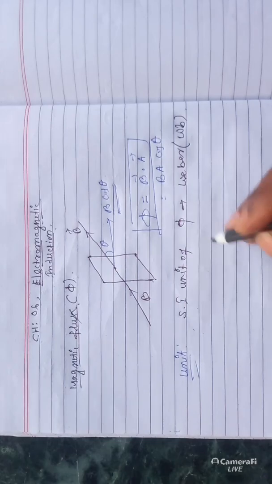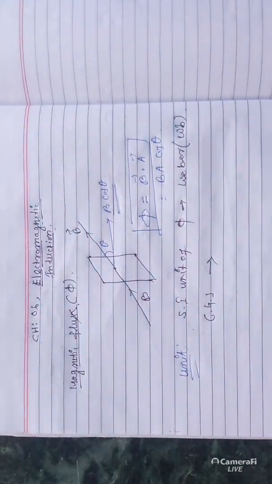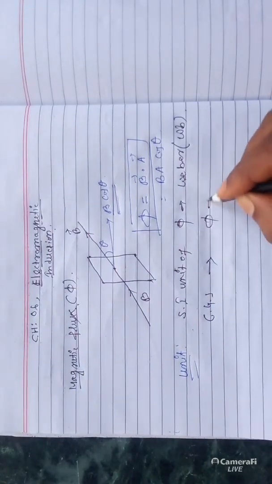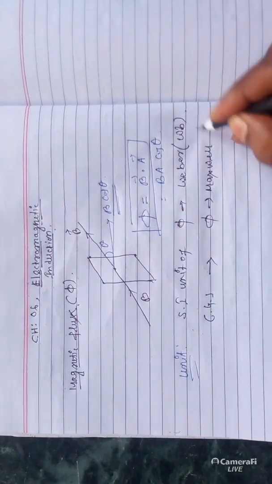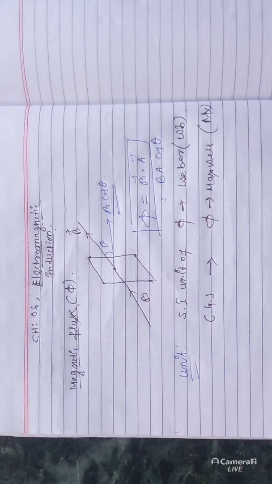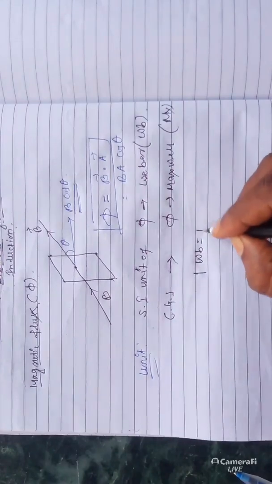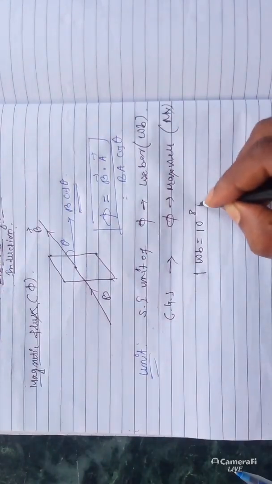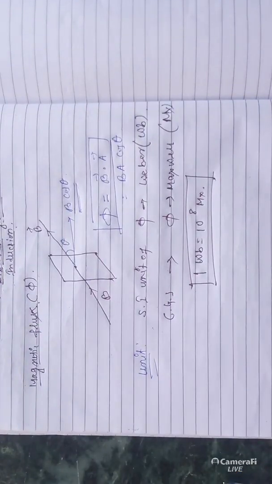And the CGS unit of magnetic flux is Maxwell, Mx, capital M, small x. Clear? And 1 Weber is equal to 10 to the power 8 Maxwell. 1 Wb is equal to 10 to the power 8 Mx. Clear? This relation is also required.